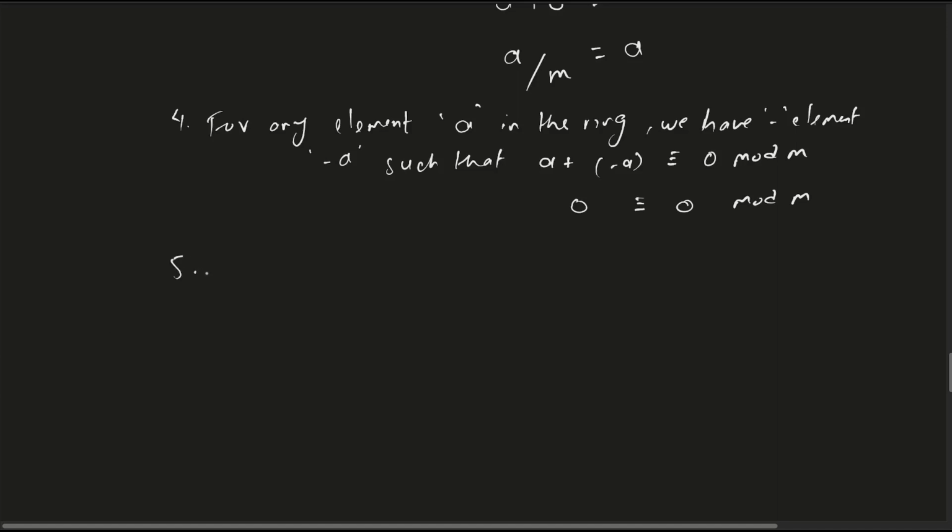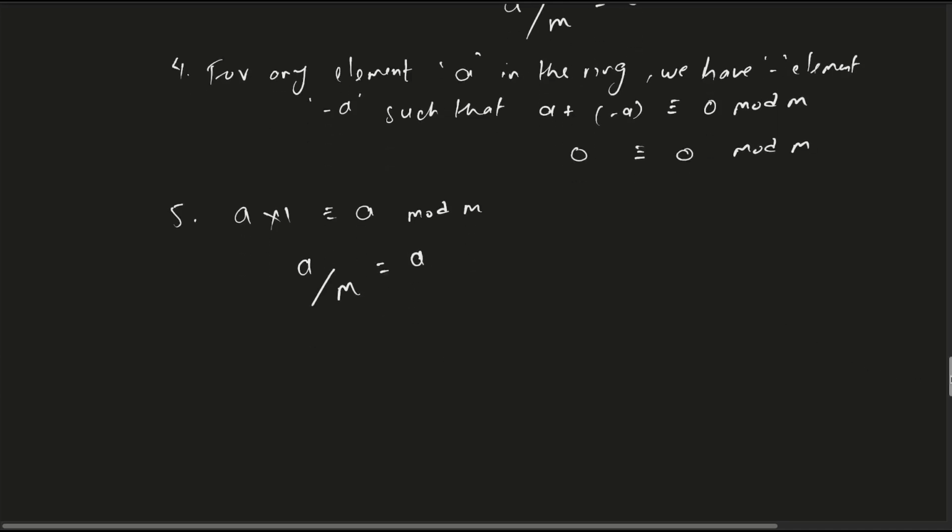So A times 1, given that A belongs within the ring, is going to be equivalent to A mod M. What it means is A times 1 is going to be A, so A over M should give me the remainder of A.